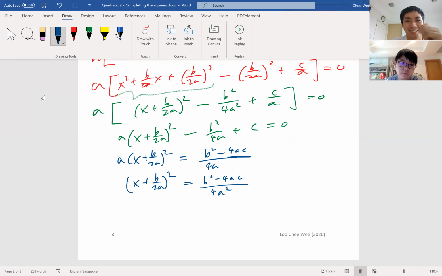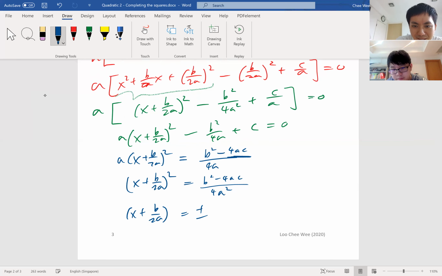For x, you can square root x plus b over 2a. Okay, so if you take square root on both sides, there will be a plus minus, of course.